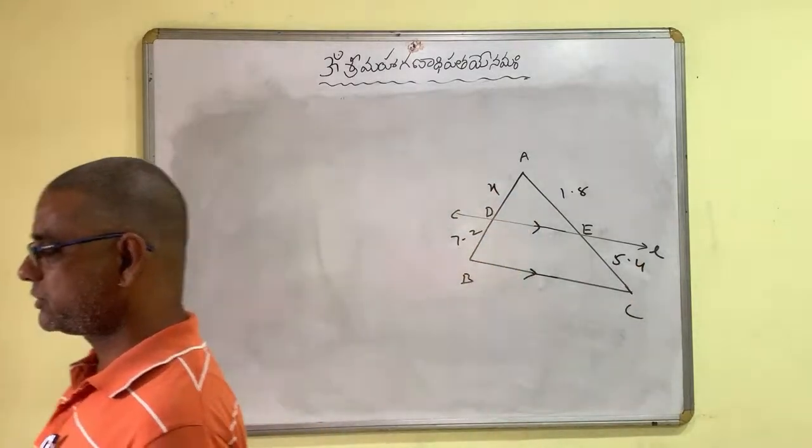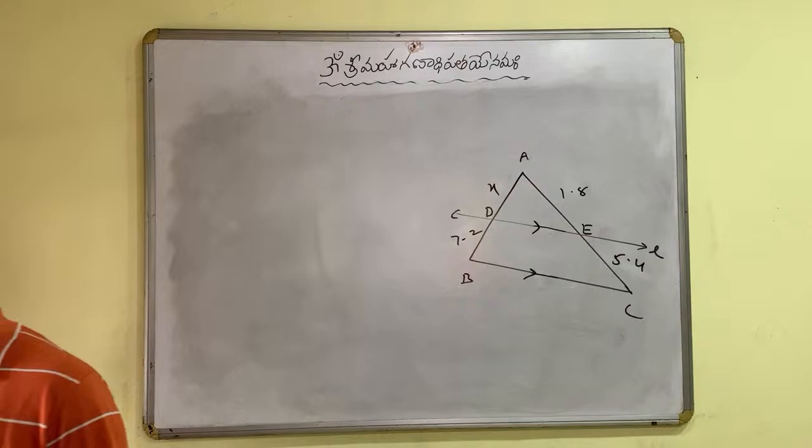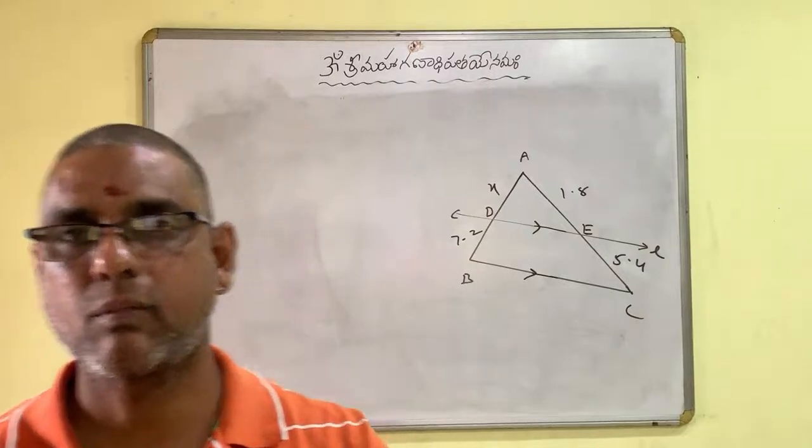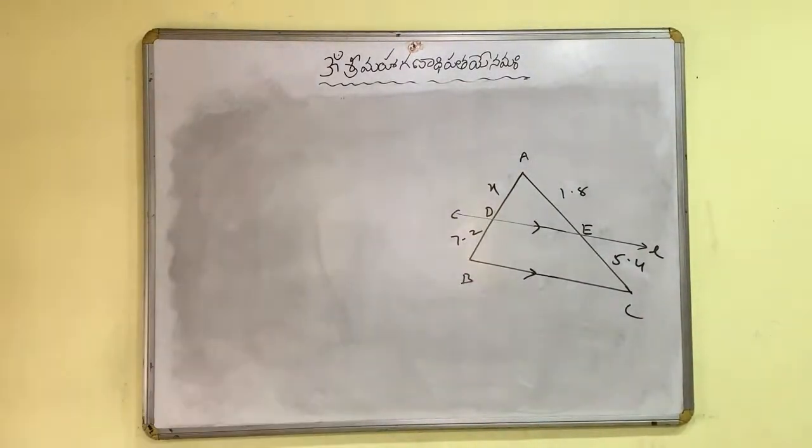You need to find this. What is x? We can apply BPT over here because L is parallel to BC. We can apply basic proportionality.